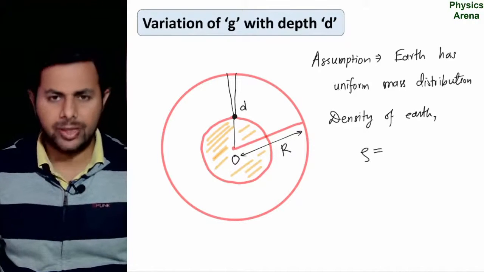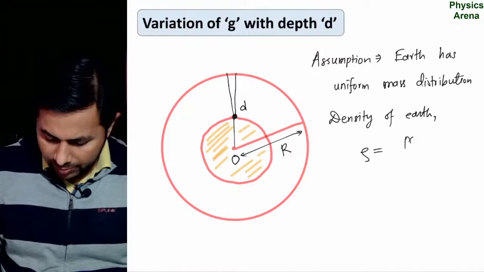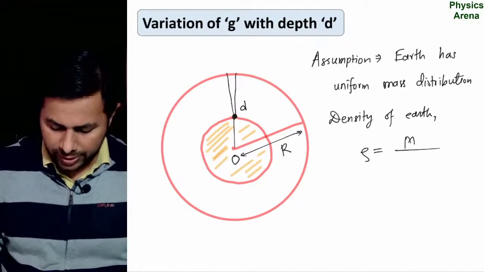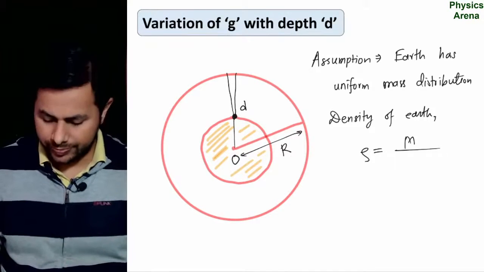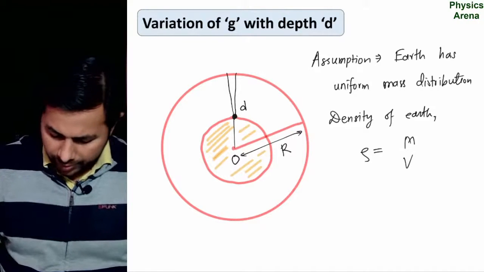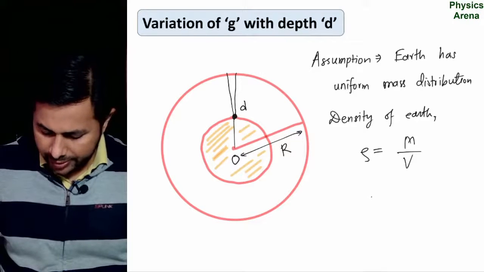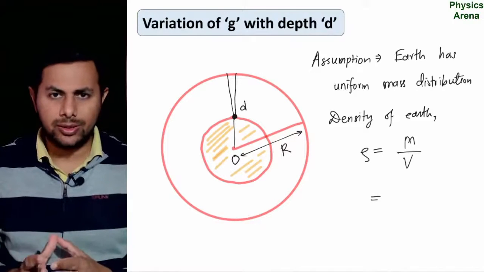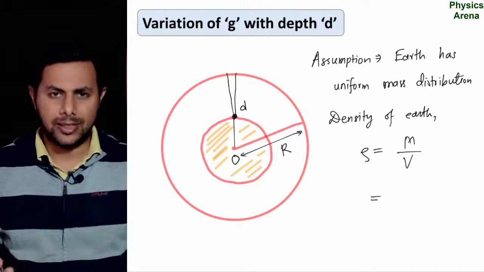rho can be given by rho equals mass divided by volume. And what is the volume of a sphere? It is 4 by 3 pi r cube.